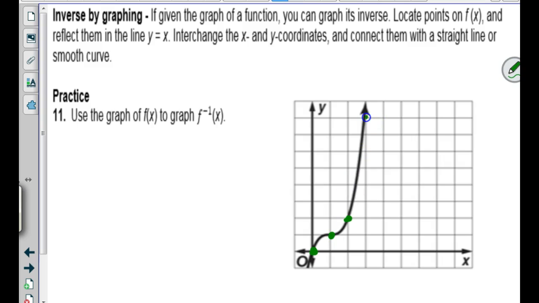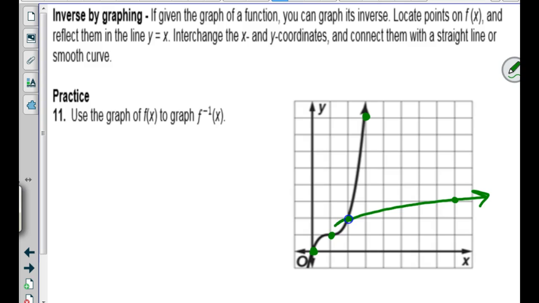All right. Let's try this one up here, though. That's like 3, 8 would become what? 8, 3. Okay, so from here to here, it's doing this. But what do we have to do here?